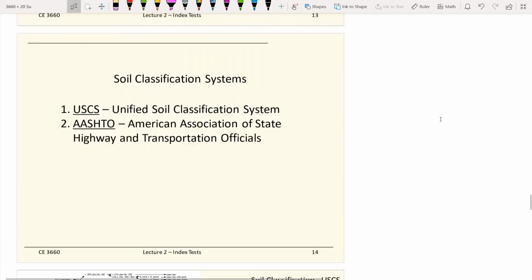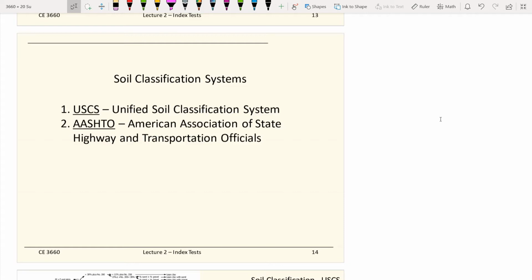Soil classification systems. There are two main kinds of soil classification systems. First is the USCS, which is the focus for this class. USCS stands for Unified Soil Classification System. So this is very geotech based. Another soil classification system is the AASHTO one, which is more widely used by transportation engineers.